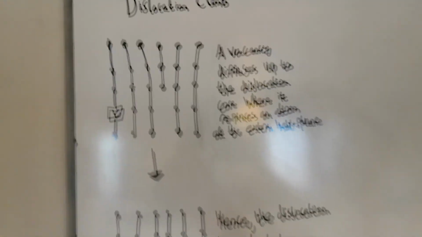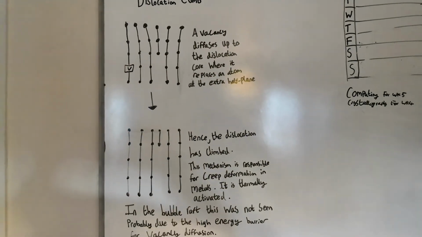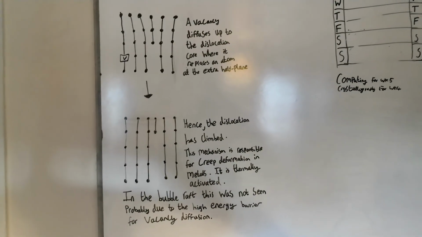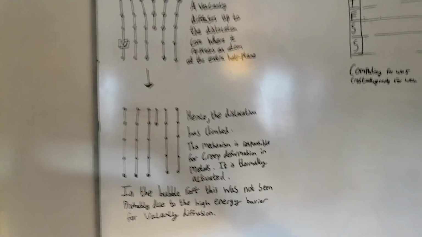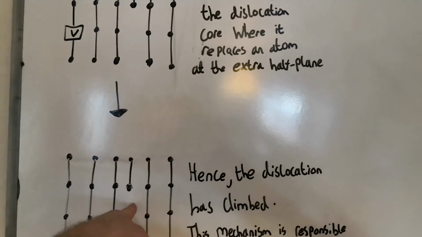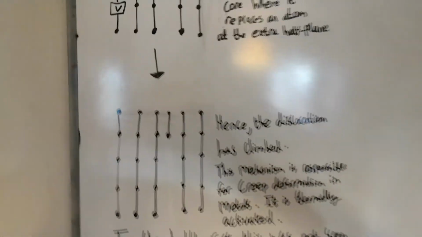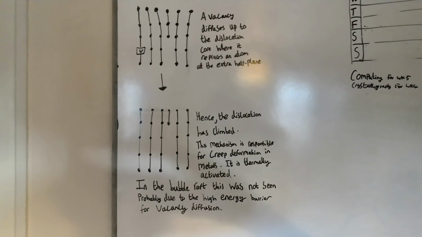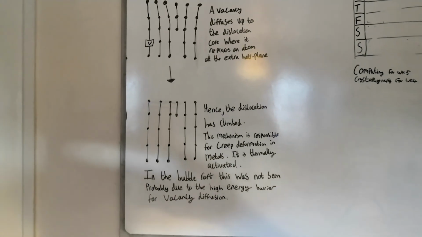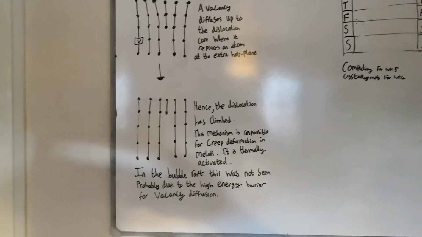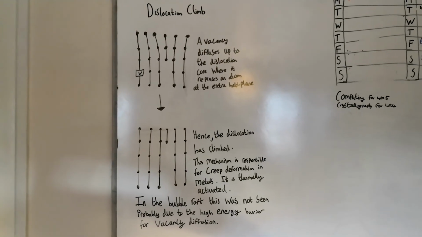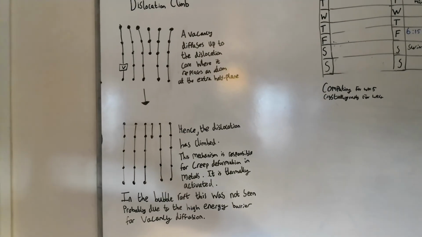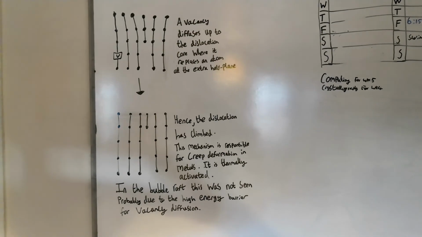The net result of this is that the whole extra half plane, and hence the dislocation line running perpendicular to this, will move up 1 unit. So this is a thermally activated process, and it's important for metals undergoing creep deformation.